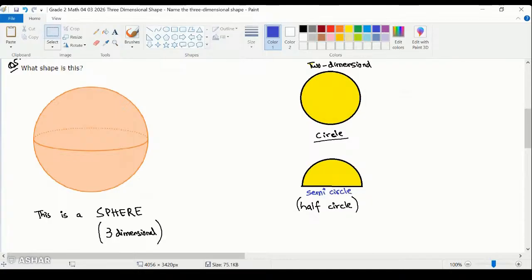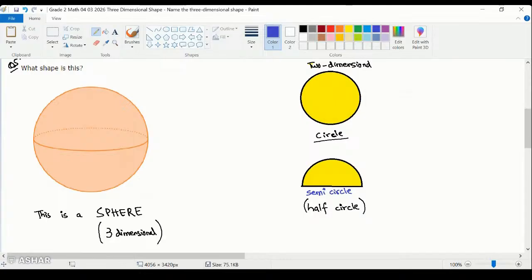A half circle is also known as a semicircle. We need to remember a full circle will be a circle, a half circle would be a semicircle, right?